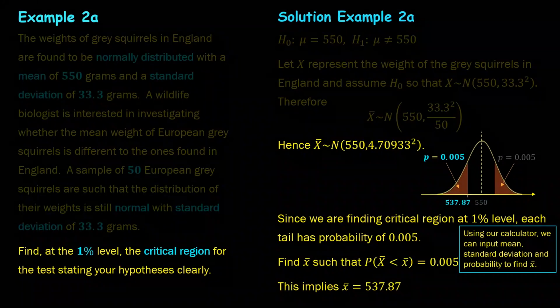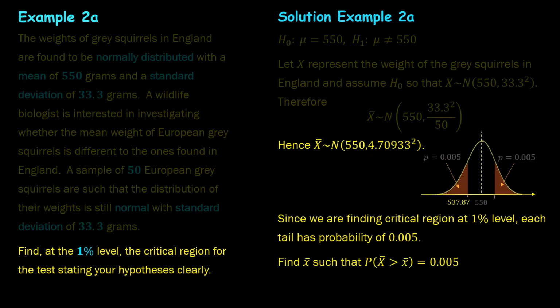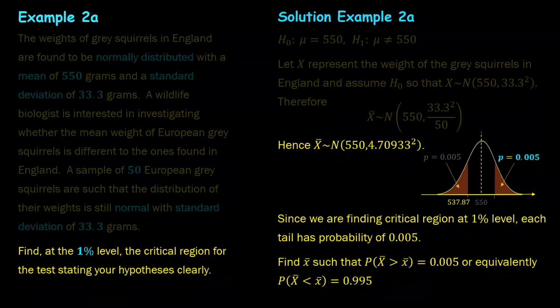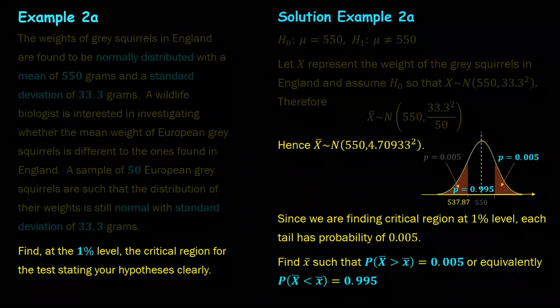Similarly, we can find x bar such that the probability of X bar greater than this little x bar equals 0.005. Or equivalently, the probability of X bar being less than the little x bar equals 0.995.